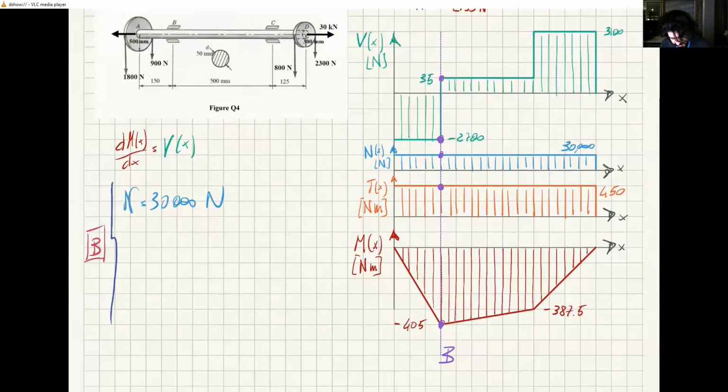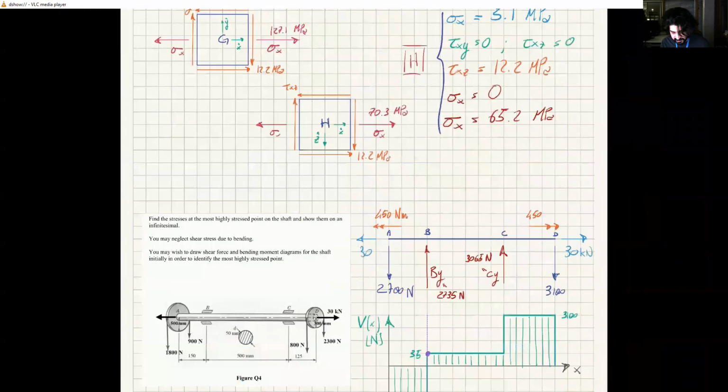Shear force at B, the worst case scenario, is minus 2,700 newtons, approaching from the left. The twisting torque at B is 450 Newton meters. The bending moment at B is minus 405 Newton meters.